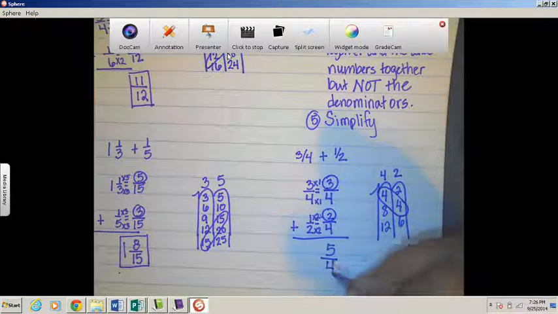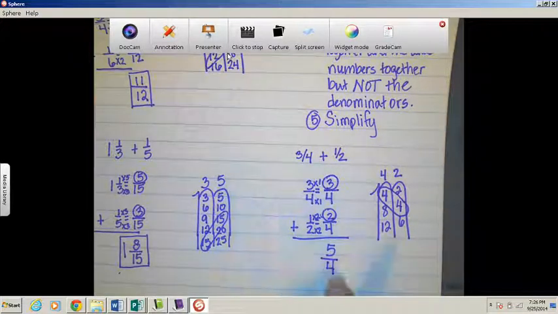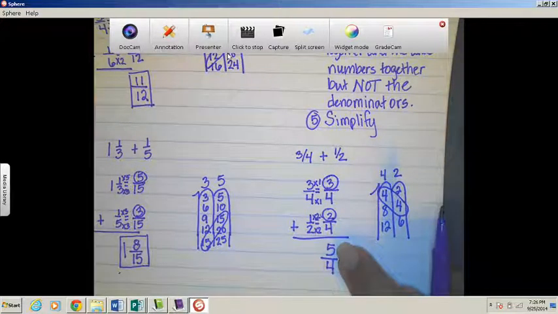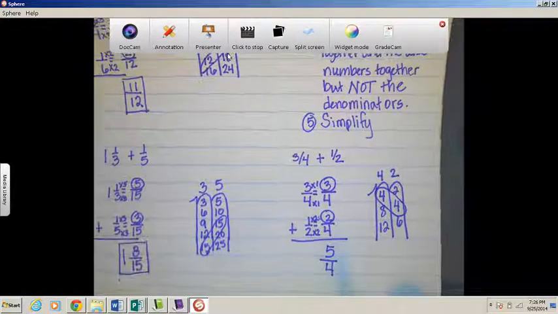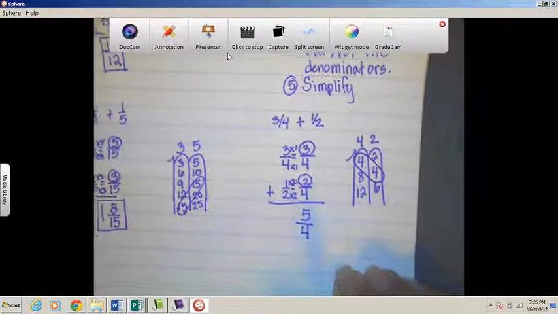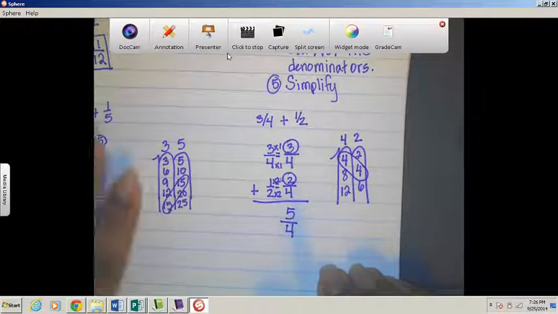5/4. In this case, my numerator is larger than my denominator. So this is an improper fraction. I must simplify it.